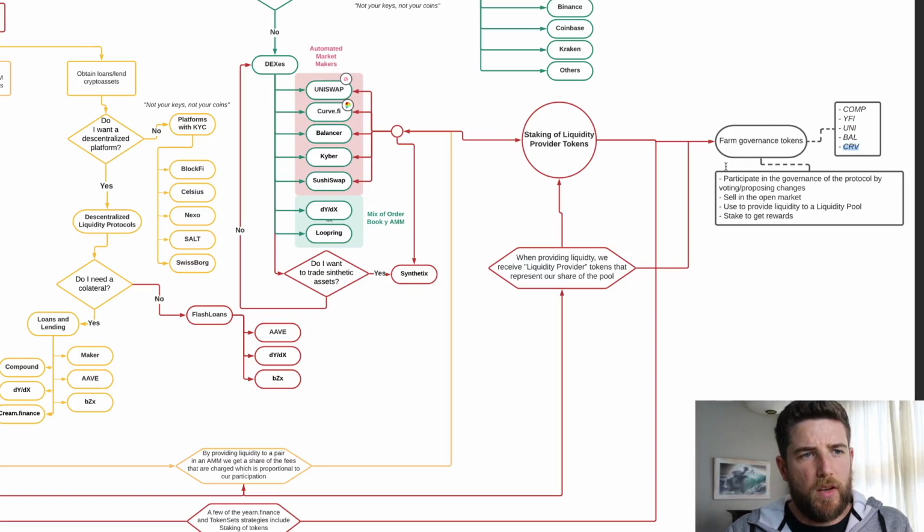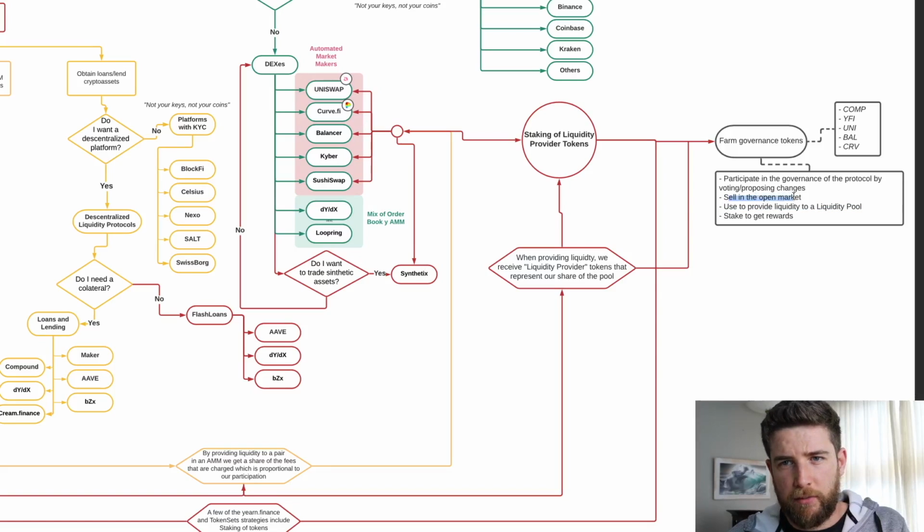And what can you do with this governance token? Well, there's a few things that you can do. So you can participate in the governance of the protocol by voting and proposing changes, of course. You can sell it in the open market, and you can use it to provide liquidity to a pool again.